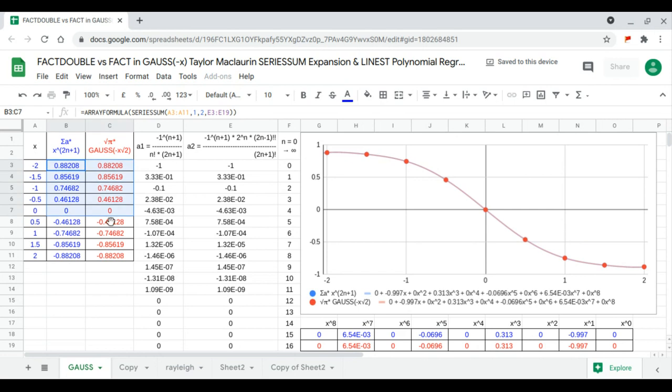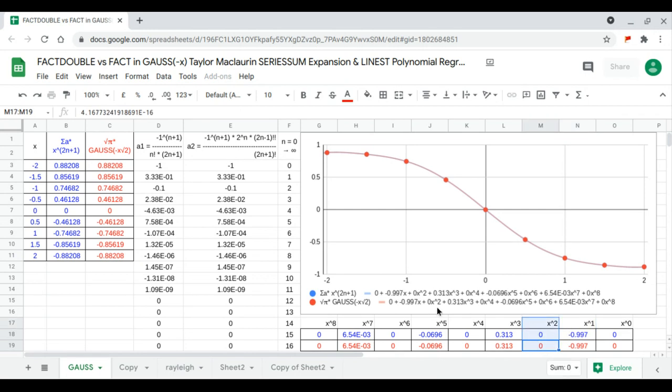The data sets are exactly the same. The polynomials are exactly the same. That's the trend line. They're exactly the same. The polynomials are exactly the same. And the polynomial regression coefficients are also the same. Starting with x to the 0, coefficient is 0. Coefficient of x, negative 0.997.